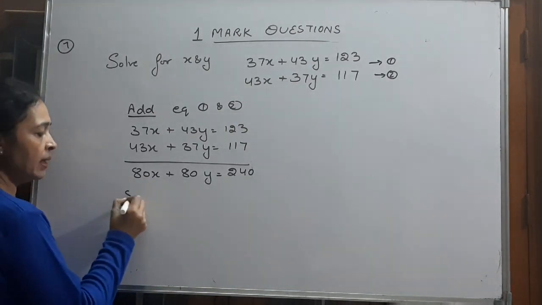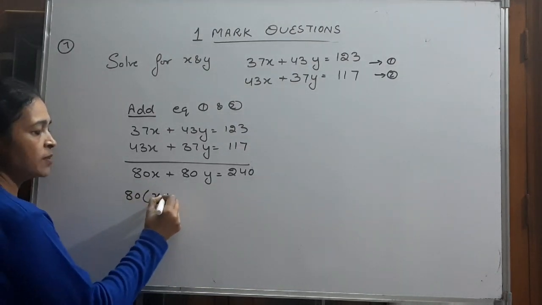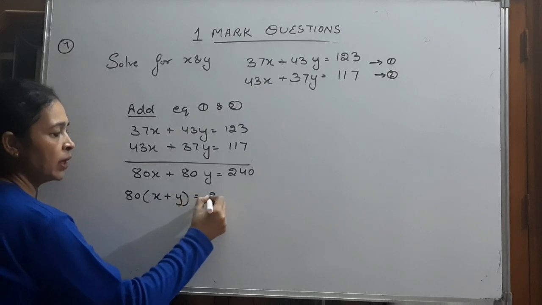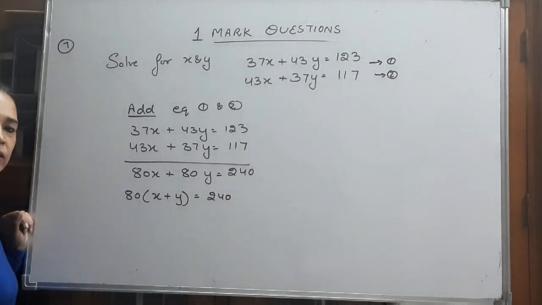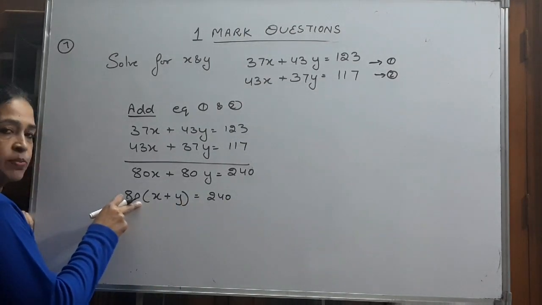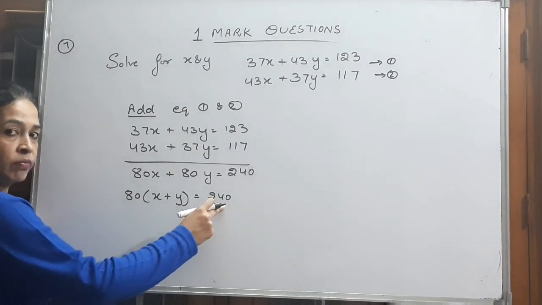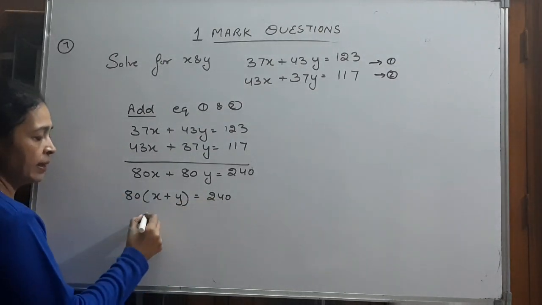Now, what is common? 80 is common. 80 times (x plus y) equals 293. Taking 80 to the right hand side, it is multiplied here; when it comes to the right hand side, it will divide.